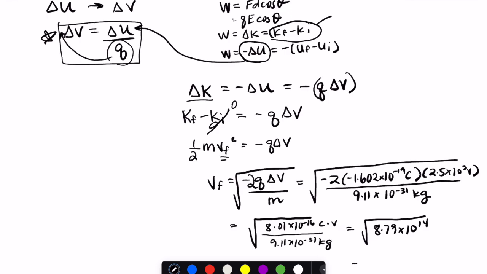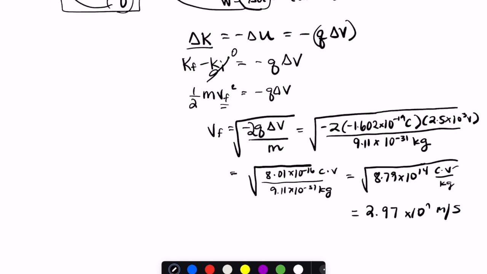Take the square root of that. It comes out to be 2.97 times 10 to the 7 meters per second. That was coulomb, volt, kilograms, all square rooted. Plugging in the units for volts, all of that will come out correctly, and we get meters per second.